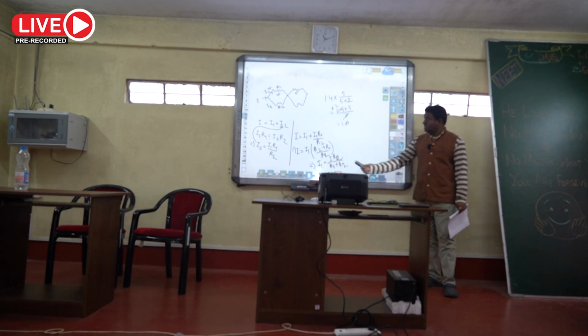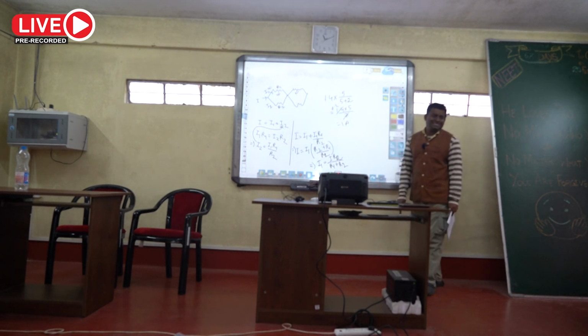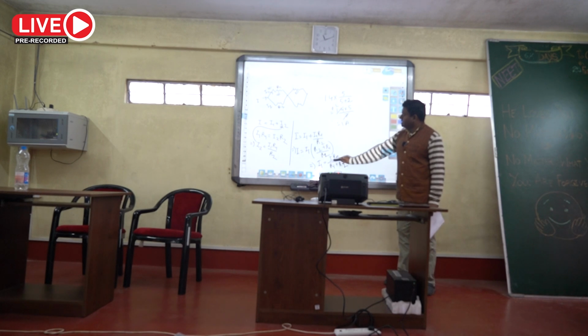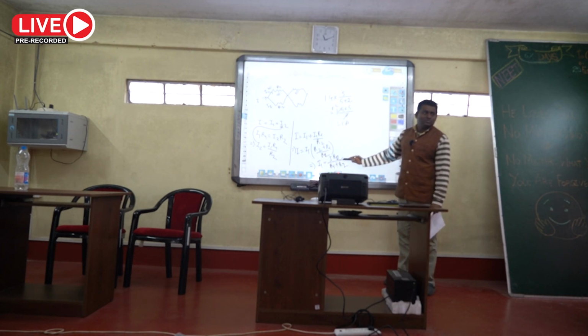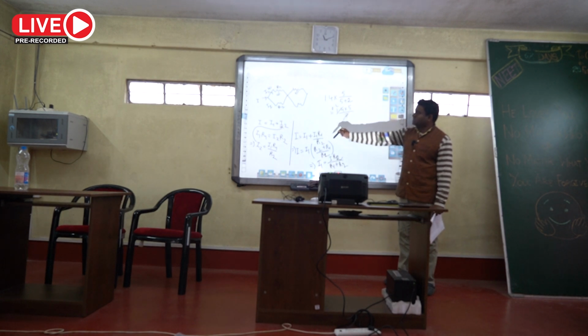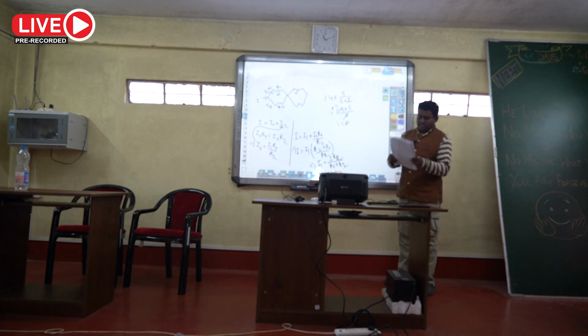I use this formula directly. This I is 1.4, and R2. What is R2? It is given in the problem. R1 is given as 20 and R2 is given as 50.